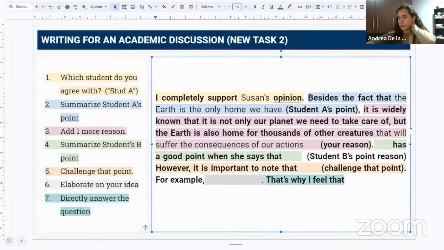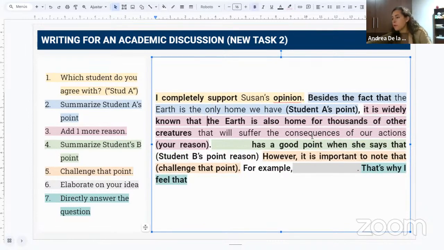So, I completely support Susan's opinion. Besides the fact that the Earth is the only home we have, it is widely known that it's not only our planet we need to take care of. I don't know why, but it sounds a little bit redundant. I can say it is widely known that the Earth is also home for thousands of other creatures that will suffer the consequences of our actions. Creo que ahora sí, ¿no? No es tan repetitivo. Antes estaba muy repetitivo, muy redundante.